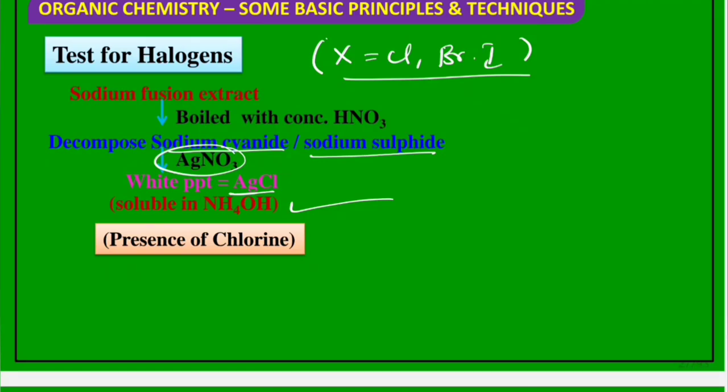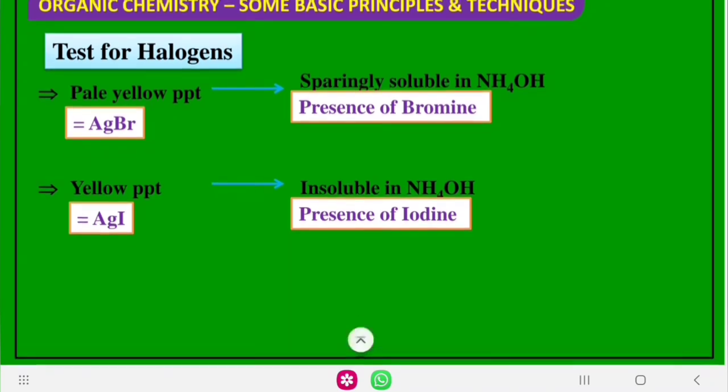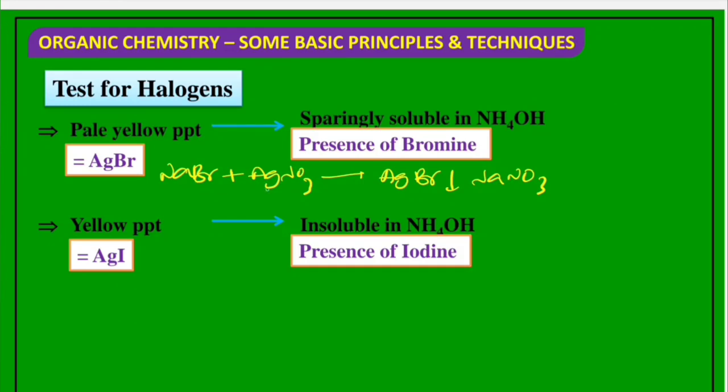The next one is the test for bromine. Sodium bromide, NaBr, with silver nitrate, AgNO3, forms silver bromide, a yellow precipitate.